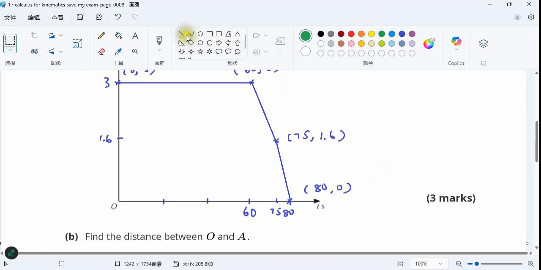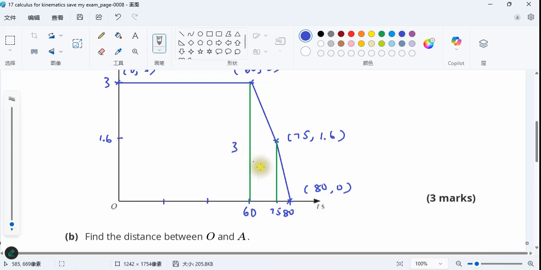So we will have area 1, a rectangle, and then area 2, a trapezium, and area 3, a right angle triangle. So 3, 1.6, 60, 15, 5.